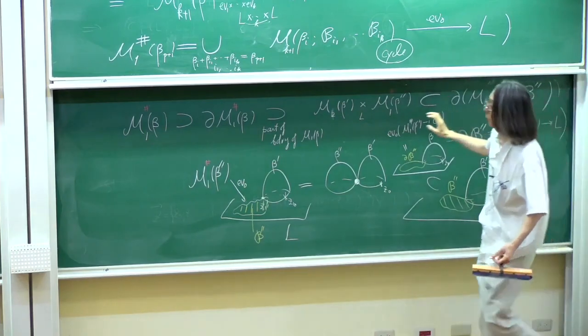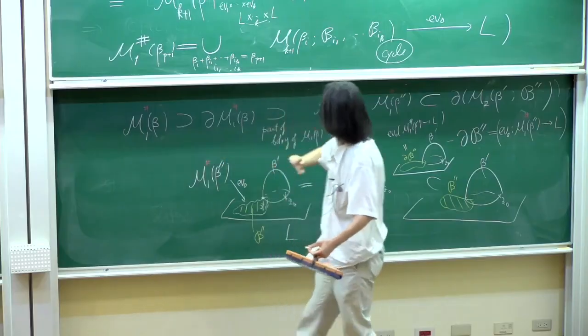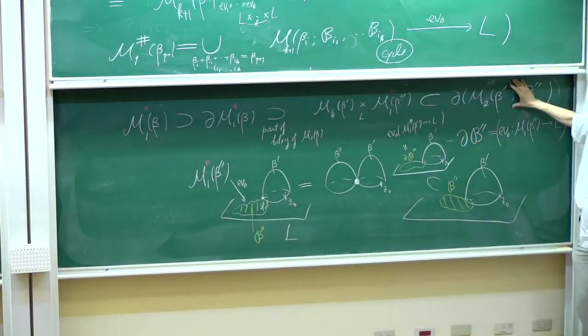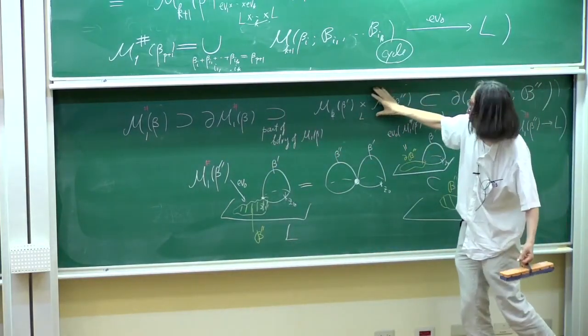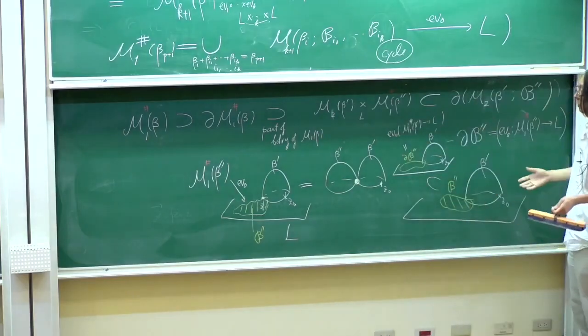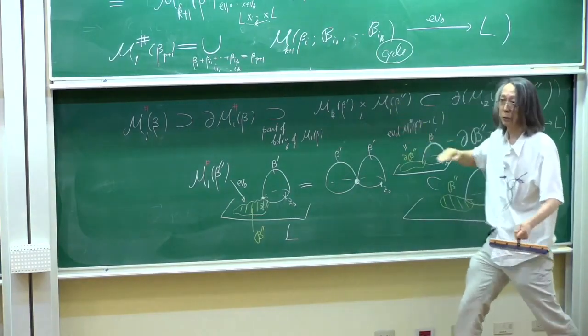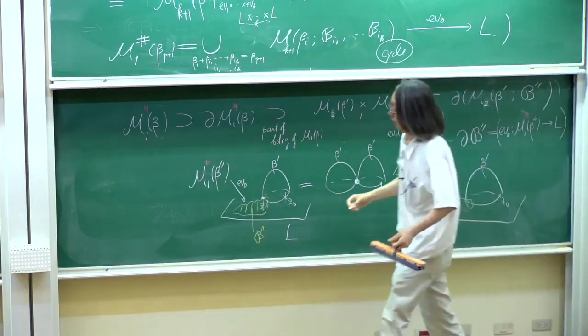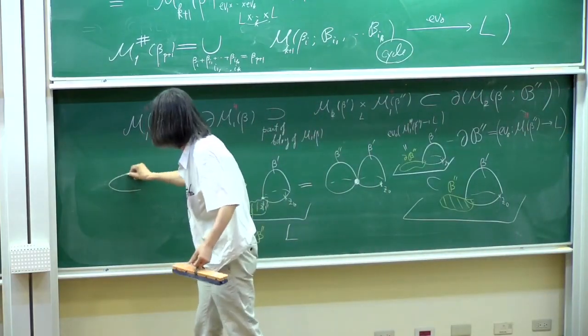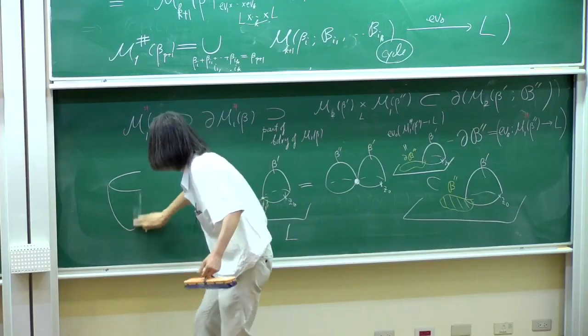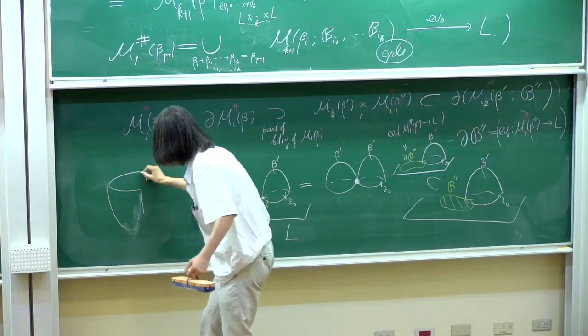So therefore, if you group this one with this one along this codimension one strata, then at least you can cancel this part of the boundary. So like you have here, you have some moduli space like this.